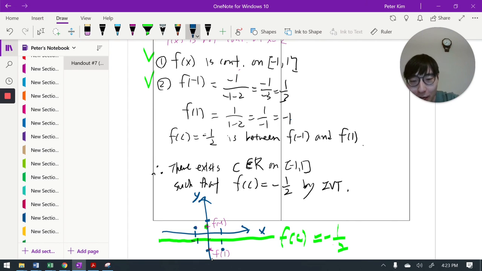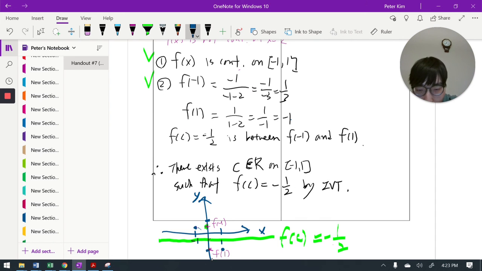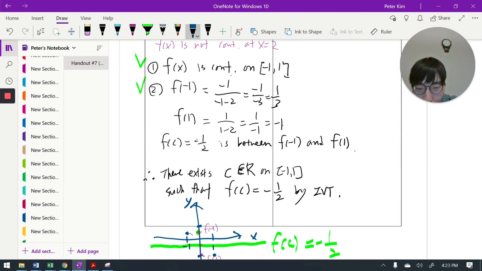So at a certain point, it needs to go across and pass f of c equals -1/2. It could be more than once. The simplest case would be something like this, and this point is where it will give you -1/2. That will be my c value, between -1 and 1.